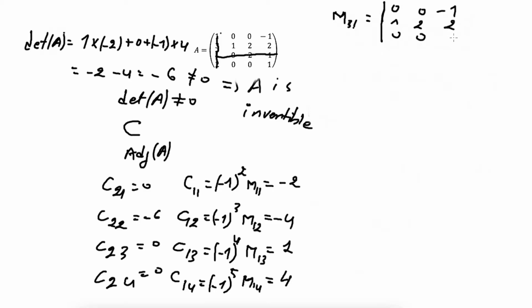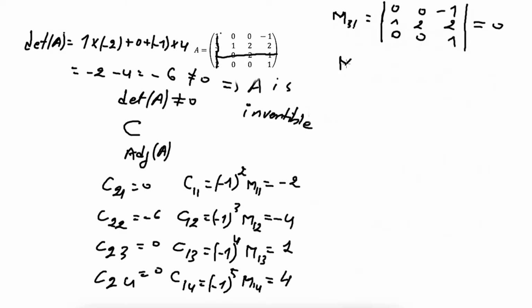So when we look at these two columns, this column and this one, we see that this column is equals 2 times this column. So that means this determinant is equals 0. And also the two rows here, 0, 0, minus 1 and 0, 0, 1, are proportional, so their determinant will be equals 0.